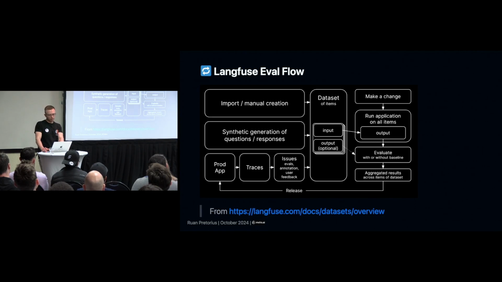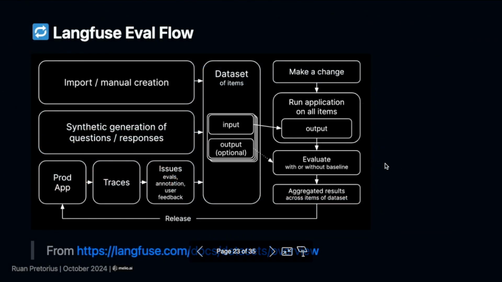Looking at this screenshot from the Langfuse documentation, I think this shows a nice flow of how you might use a dataset. Like I mentioned, you would create some input-output pairs, and those would be the items in your dataset.